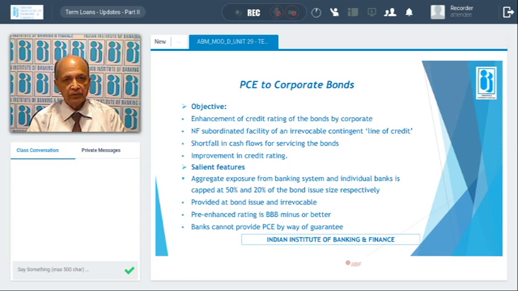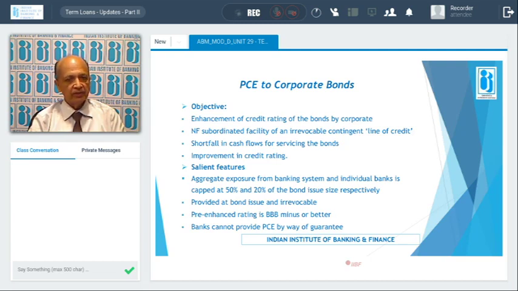The bond issue should have a particular minimum rating, else they cannot get involved in the bond issue or in financing. In the initial stage, the rating of infrastructure units may not be good enough to meet the requirement of long-term lenders, that is, insurance, provident fund and pension funds.